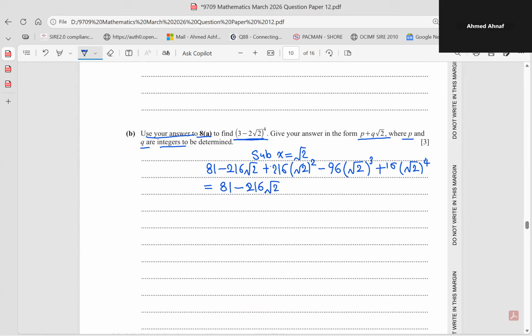So that's just 216 times 2, which is plus 432, minus 96 times square root 2 cubed, that is 2 square root 2, plus 16 times square root 2 to the power of 4. That is 64.